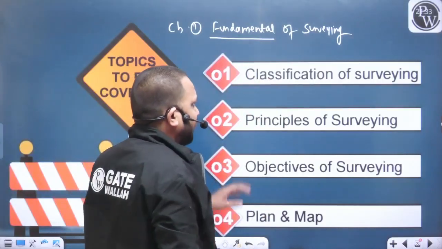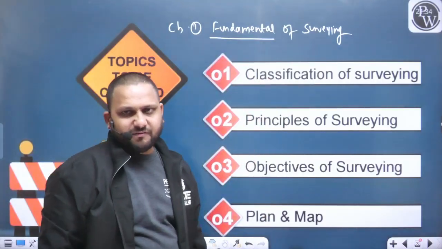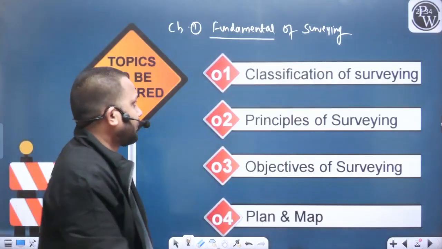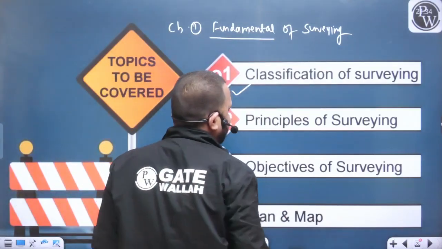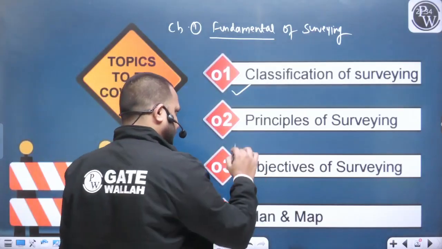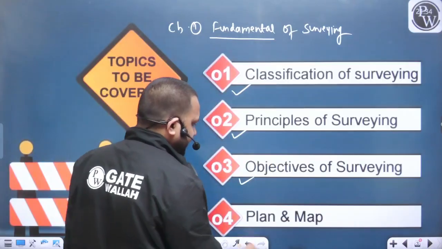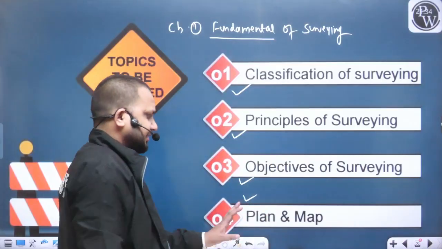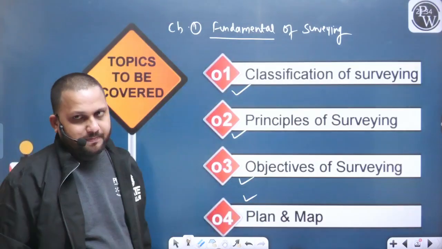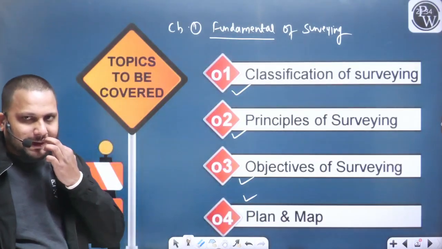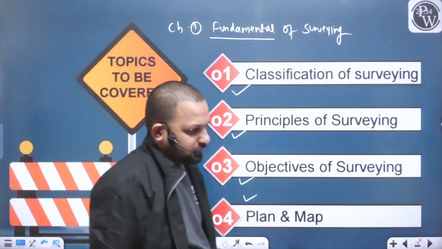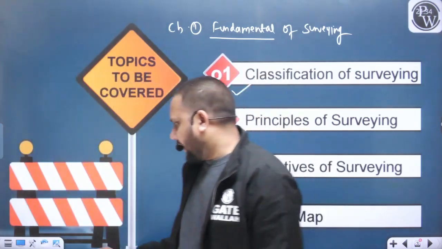In fundamentals of surveying we will discuss the definition of surveying, that we have already discussed. Then we will go for the classification of surveying, principle of surveying, objective of surveying, and we will discuss the plan or map. What is this terminology, plan or map? We will talk about that also. So let's start the discussion.